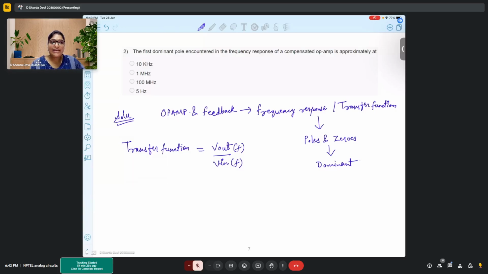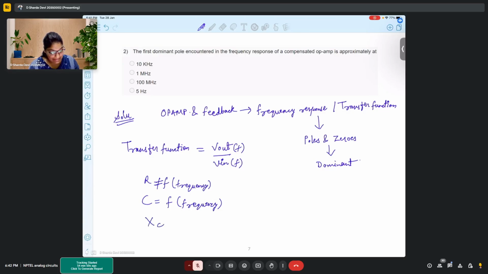So you know that resistor is not a function of frequency, right? It's a frequency independent component. But when we talk about capacitor, it is a function of frequency. Or I should say its impedance depends on frequency.